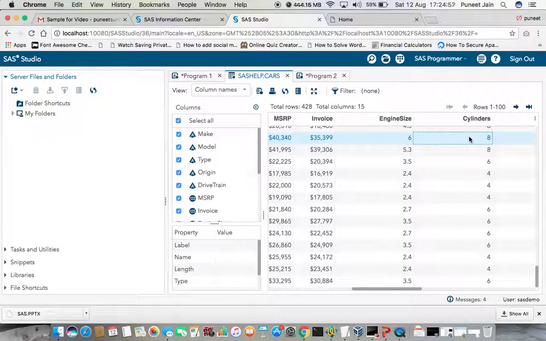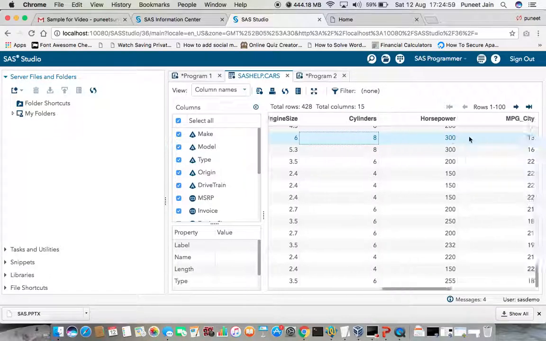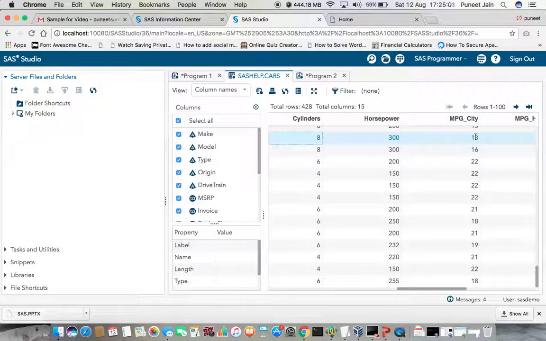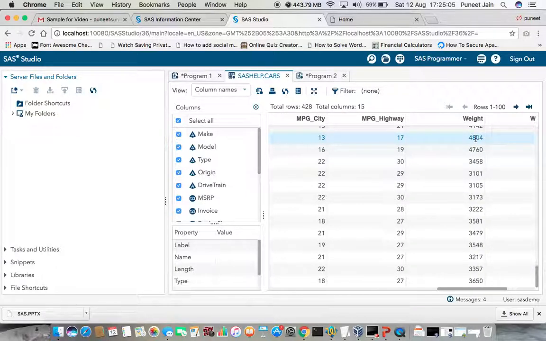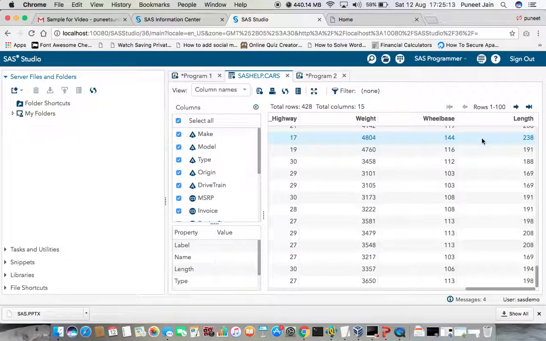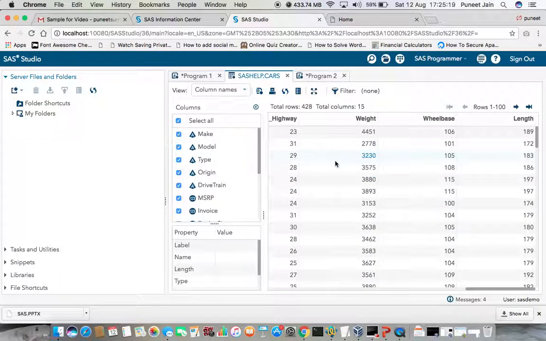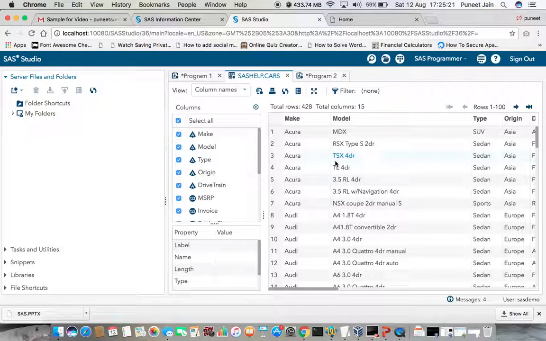The cylinders, 8 cylinders it has, horsepower is this much, city mileage is 13, and highway mileage is 17. The weight of the car is almost 5000 kgs, but in the data point segment it will always consider 4804, as we believe in accuracy from SAS. The wheelbase is 144 and the length is 238. So the units are not defined over here, but we have the data points. So this is a small data.